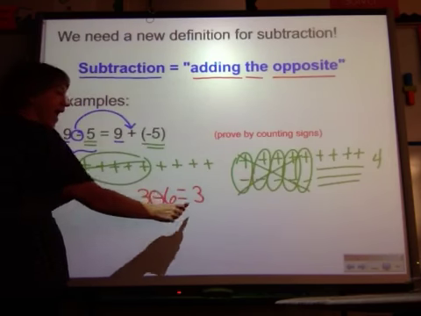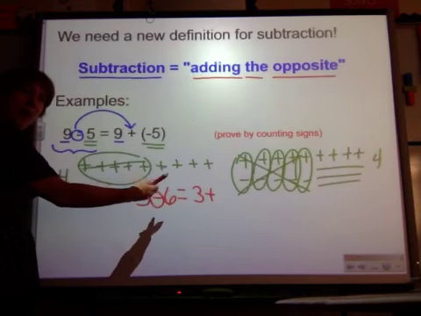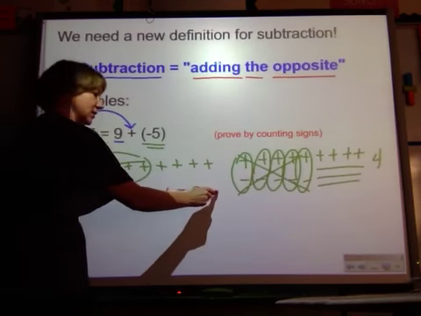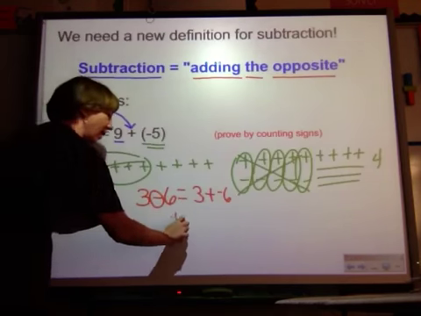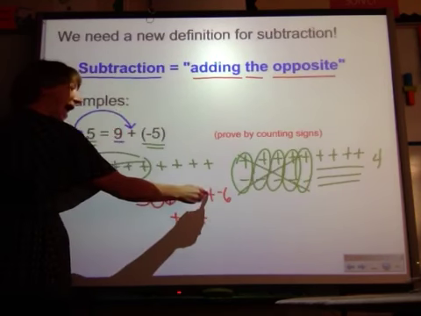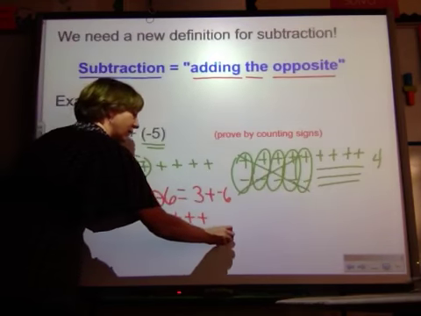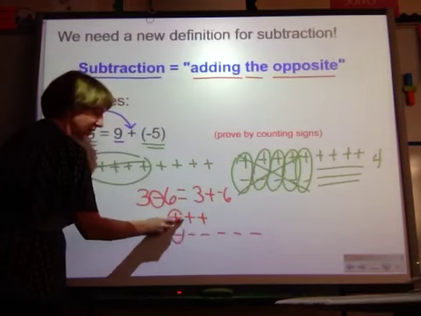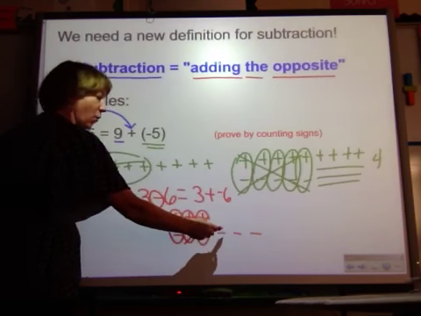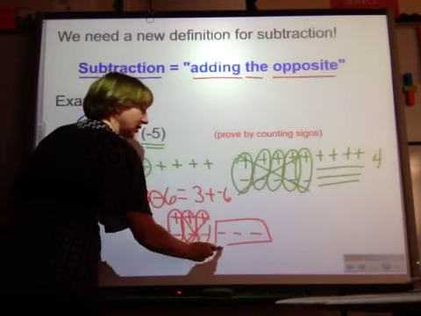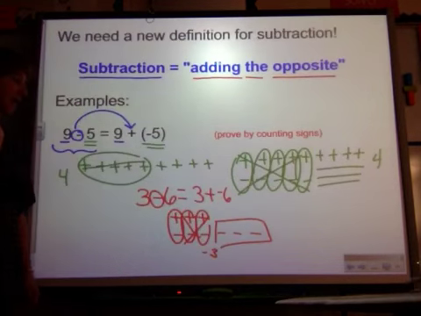I'm going to add, now instead of adding a 6, the opposite of 6, which is negative 6. Now I can work the problem. I have 3 positives, and I'm going to add to that system 6 negatives. 1, 2, 3, 4, 5, 6. My plus minus pairs cancel out. They become 0. And whatever's left becomes my answer. 3 negatives. So I get the answer, negative 3.